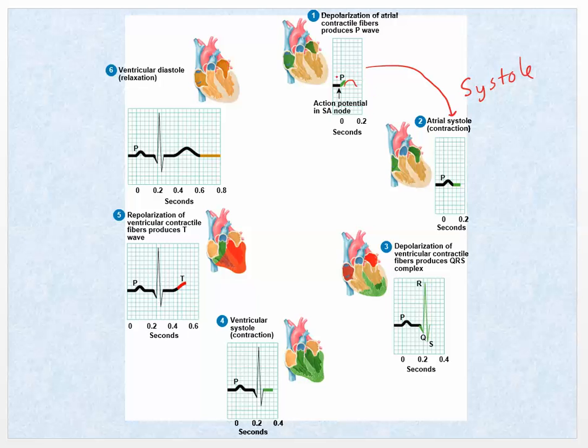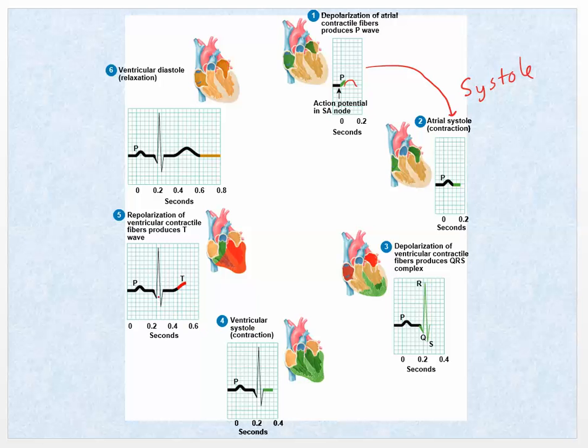It's going to be like that all the way through this cycle. So we have the P wave of atrial depolarization, and then contraction, or atrial systole. Then you have depolarization of the ventricles, very quickly followed by ventricular systole, or contraction of the ventricles.